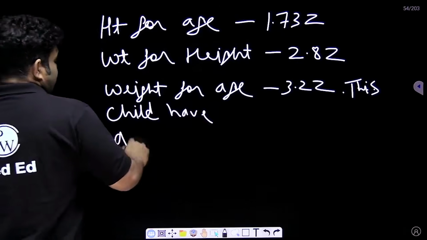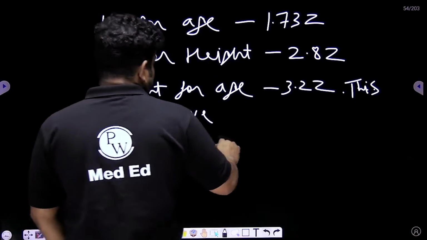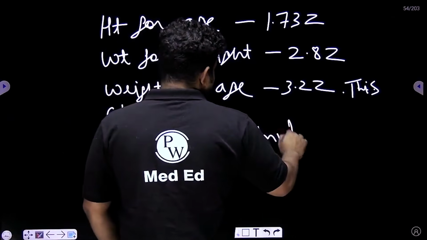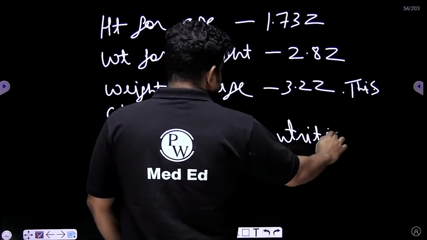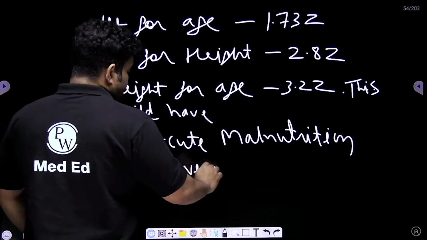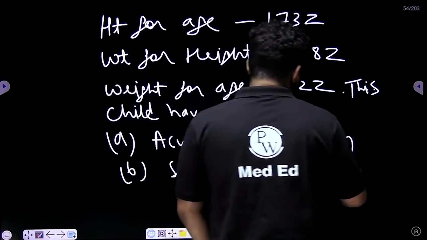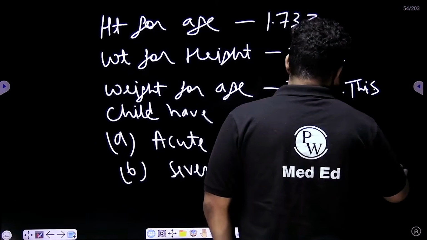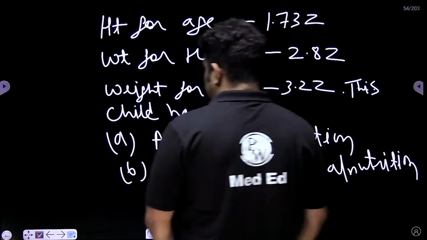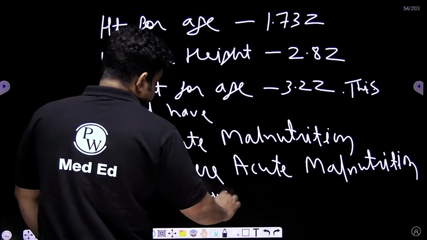Option A, this child has acute malnutrition. Option B, this child has severe acute malnutrition. It's a SAM child. Option C, this child has chronic malnutrition.